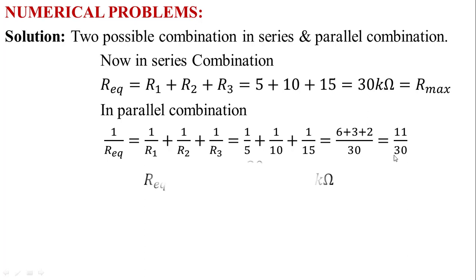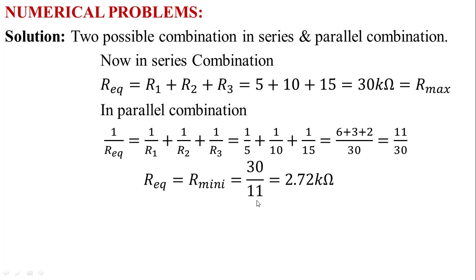Now taking the reciprocal on both sides, R equivalent, which is R minimum, is equal to 30 divided by 11, which is 2.72 kilo ohm.